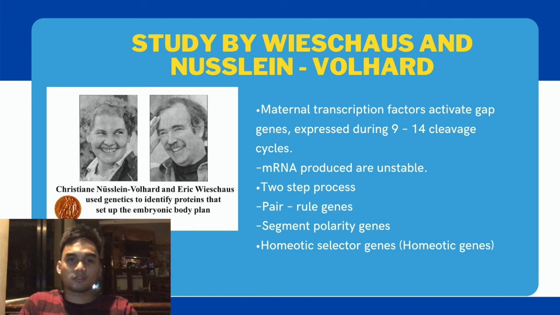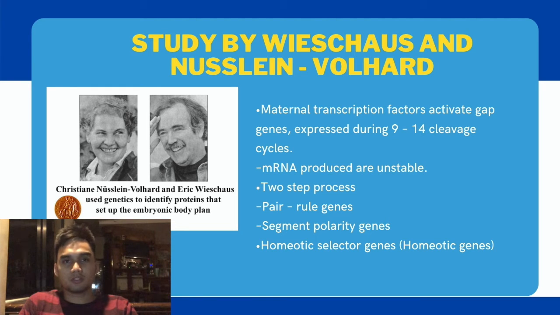Then, in a two-step process, a pair-rule gene encodes transcription factors that lay down the 7 broad stripes. Then, a segment polarity gene divides these 7 broad stripes into 2, producing 14 segments with an identifiable antero-posterior axis.